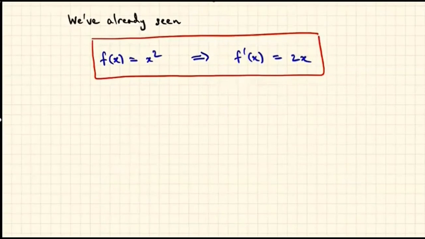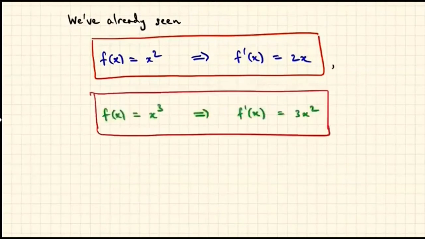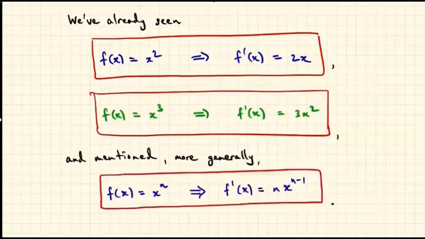And if f of x is x cubed, then the derivative is 3x squared. More generally, if f of x is x to the n, then the derivative is n x to the n minus 1.